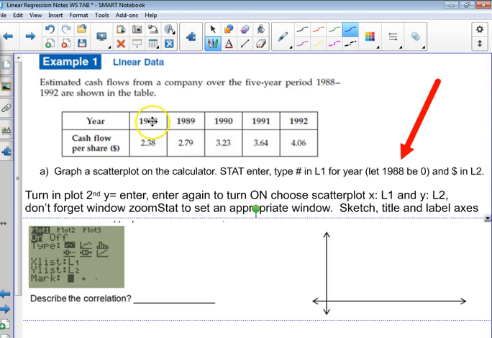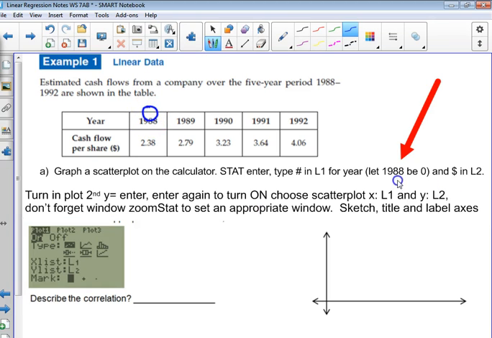We're not going to type 1988, we're going to type what? Years since 1988, to use that as year 0. You would get the same predicted value later in the problem if you use 1988, as long as you use that throughout the whole problem, but you'll have a different y-intercept than we will. This will be 1 year later, 2 years later, 3 years later, and 4 years later. Does that seem a little bit easier than typing all those big years in?